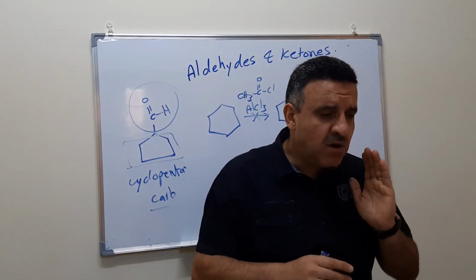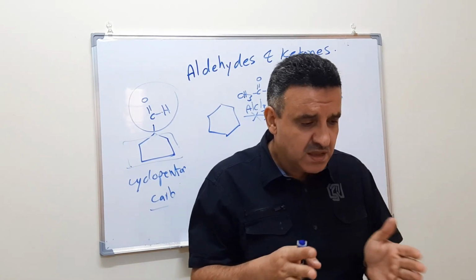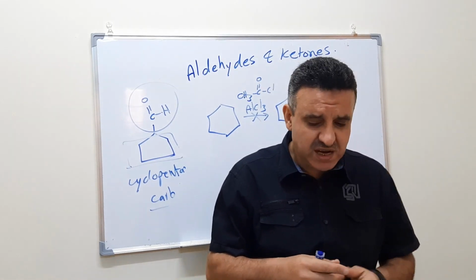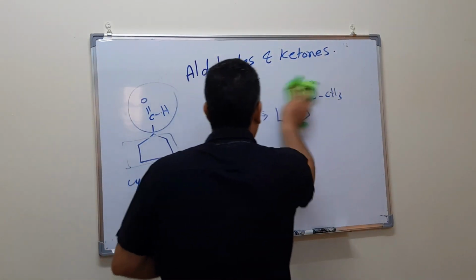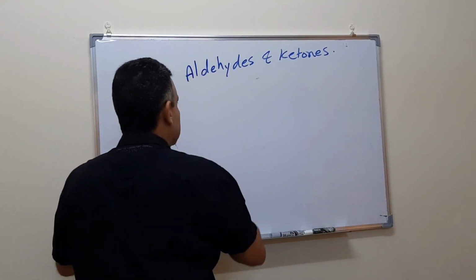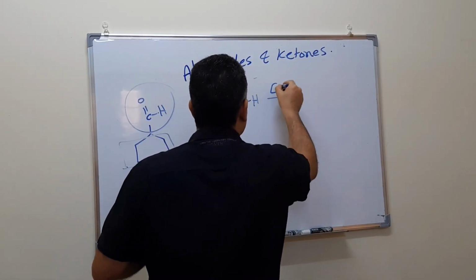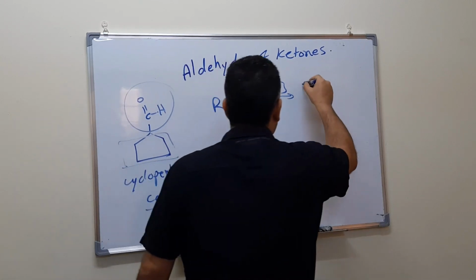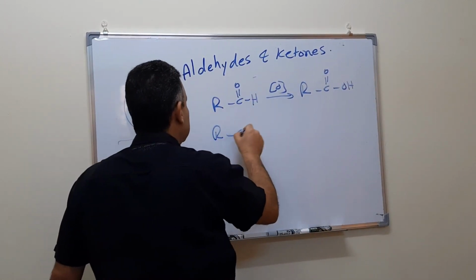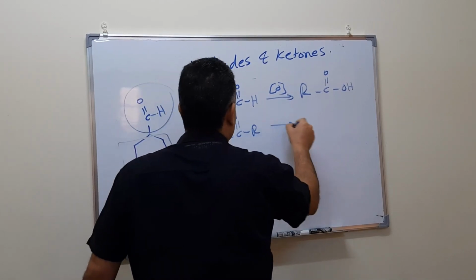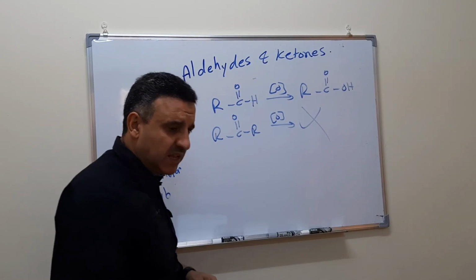The only reaction in which they differ from each other is the ability to be oxidized. In other words, aldehyde, as you can see here, if we oxidize it, can be oxidized to the corresponding carboxylic acid, while ketone, regardless of the oxidizing agent, will not oxidize further.